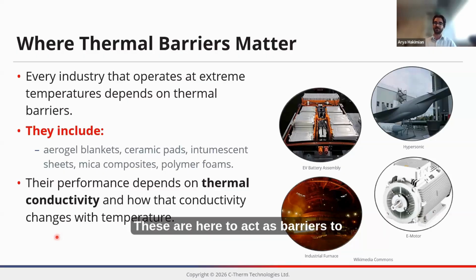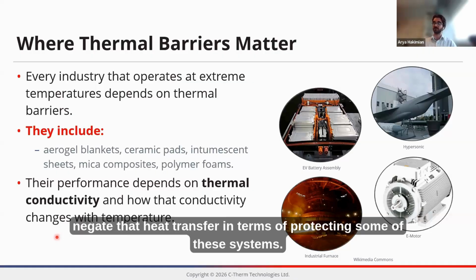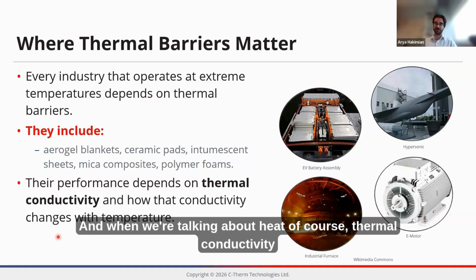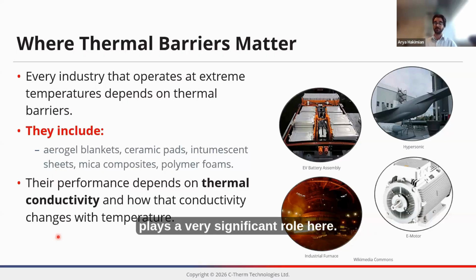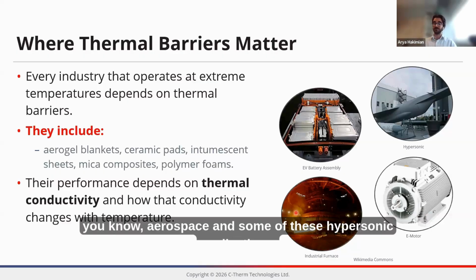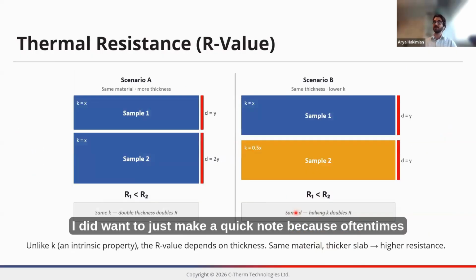These are here to act as barriers to negate heat transfer in terms of protecting some of these systems. And when we're talking about heat transfer, of course, thermal conductivity plays a very significant role here. So again, whether you're dealing with more industrial applications, the EV side, aerospace, and some of these hypersonic applications, these are certainly areas where this type of test is quite relevant.